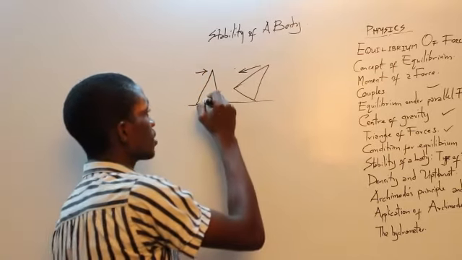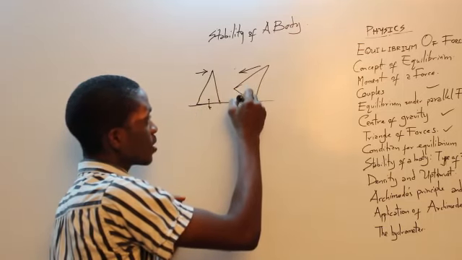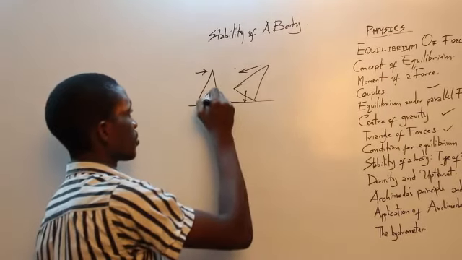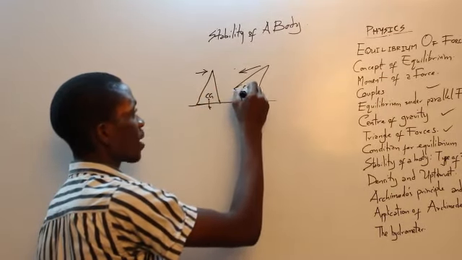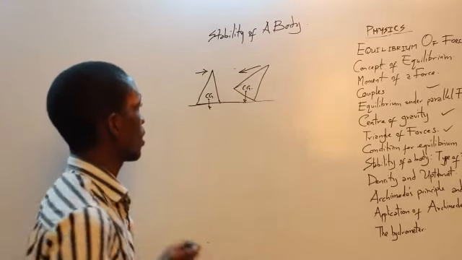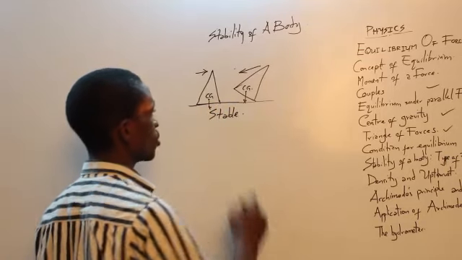The low center of gravity makes it want to stay. That low center of gravity still puts it back to where it's coming from. It still pulls it back to where it's coming from. But this is a stable equilibrium.